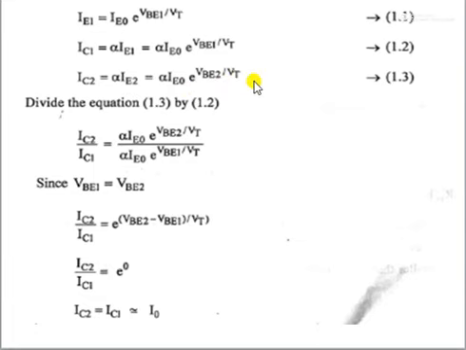Now let us find the ratio of IC2 by IC1. For that, let us divide equation 1.3 by 1.2. Therefore, we will have alpha IE0 into e power VB2 by VT, the whole divided by alpha IE0 into e power VB1 by VT.